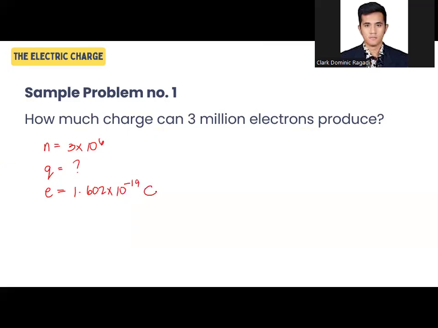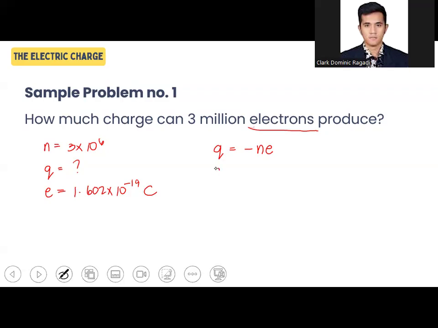So question, what formula are we going to use? Q equals positive Ne or Q equals negative Ne? Since we are given electrons, we are going to use the formula Q equals negative Ne. Again, it's negative because we're dealing with electrons.